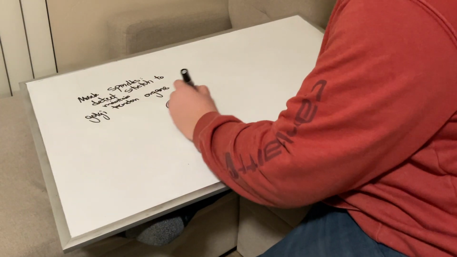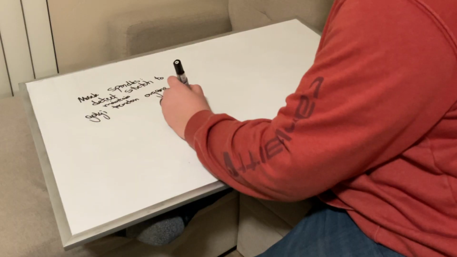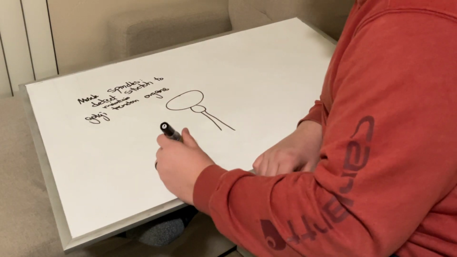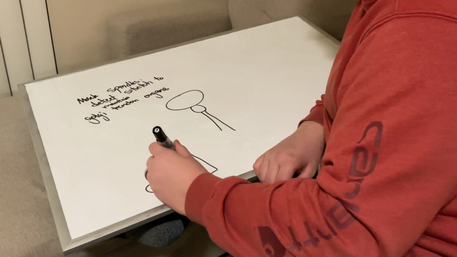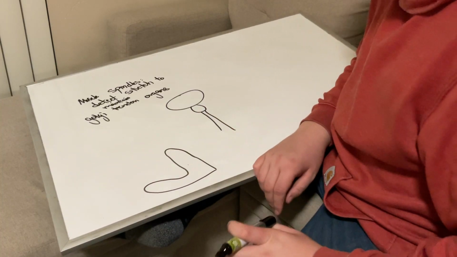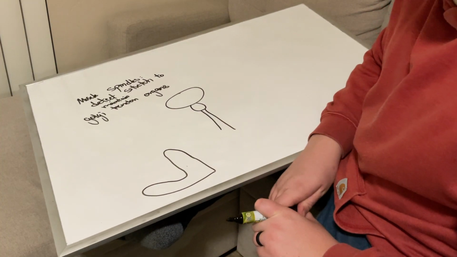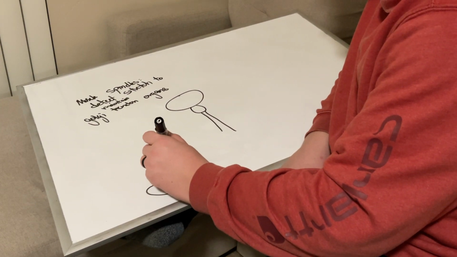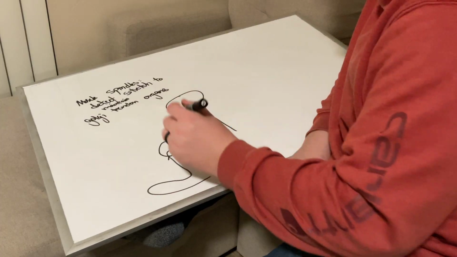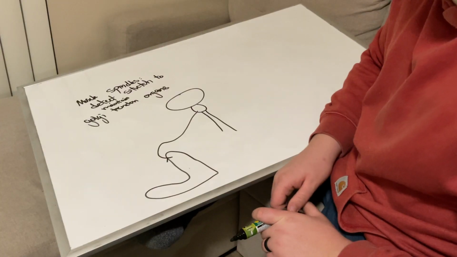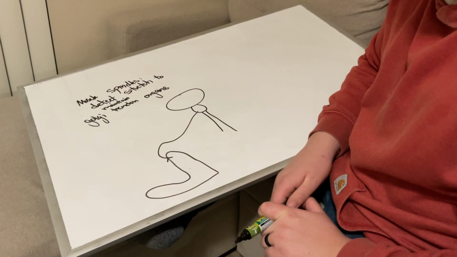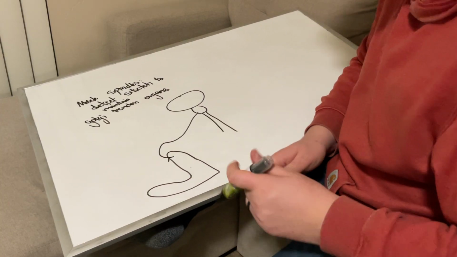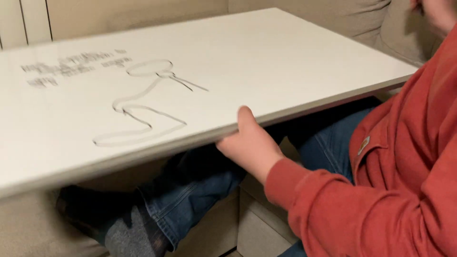So we've got your brain, and then somewhere along the way we have your leg. Not a great leg. So there'll be a signal from here back up to your brain. Let's erase that, I don't like it.